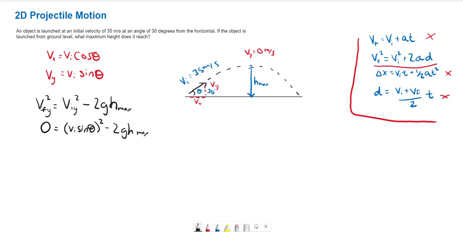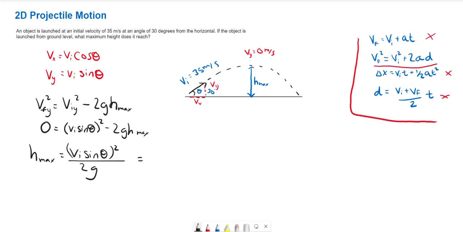Now we need to solve for h max, right? So let's add 2g h max to the other side and then divide by 2g. So that's going to be h max equals v initial sine of theta, all of that squared, divided by 2g. Now we have our equation for our maximum height. We just plug in the values that we already know, and we'll get our answer.